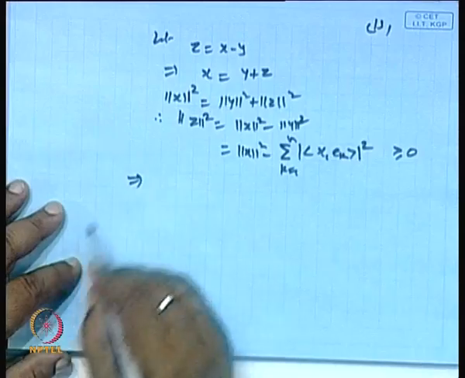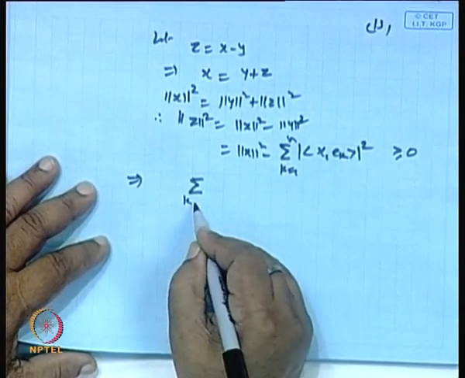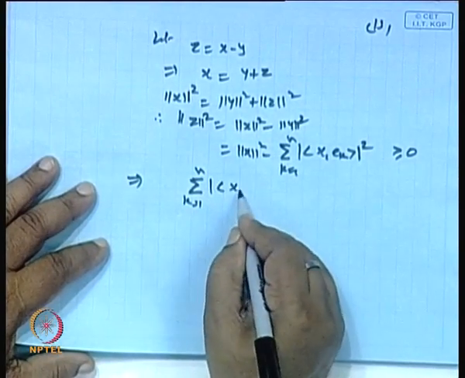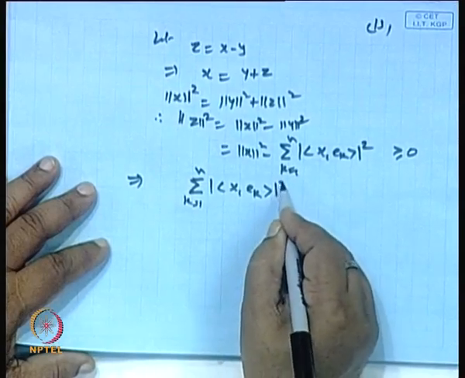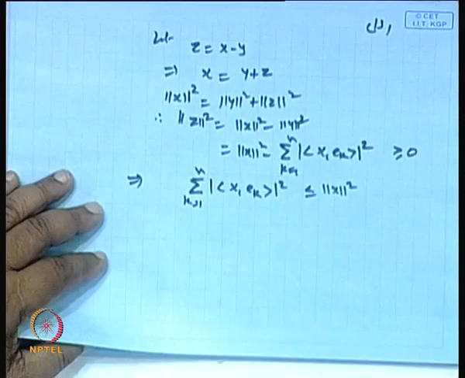Now, since norm z can never be negative, this is always greater than or equal to 0. This implies that sigma k equal to 1 to n modulus inner product x e k whole square is less than or equal to norm x square. Clear?